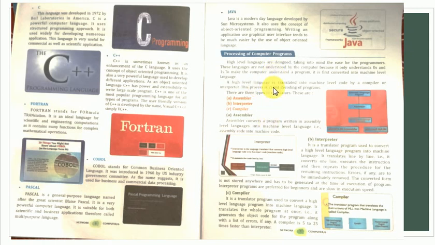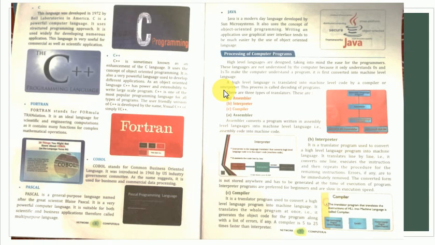So how do we convert it into machine language? A high level language is translated into machine level code with the help of a compiler or interpreter, and this process is called decoding of programs.